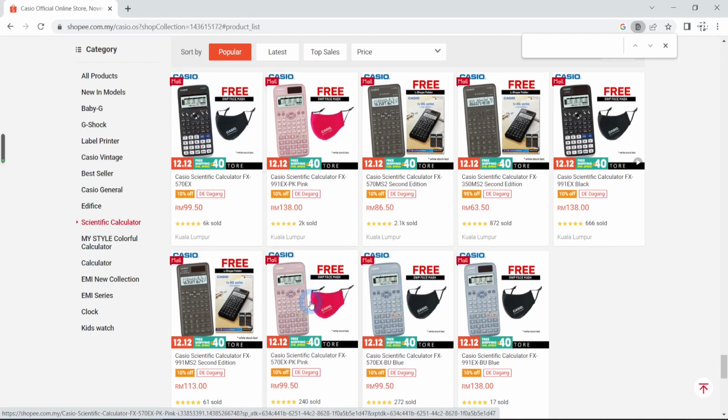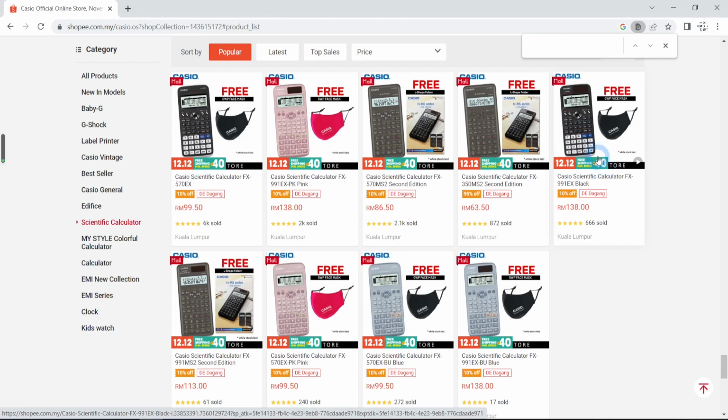You will notice that there is another model of calculator which looks very similar to the FX570EX, which is the FX991EX. These two calculators actually have the same functionality. What is different is that the FX991EX is a two-way power calculator, meaning you can use solar energy or battery.